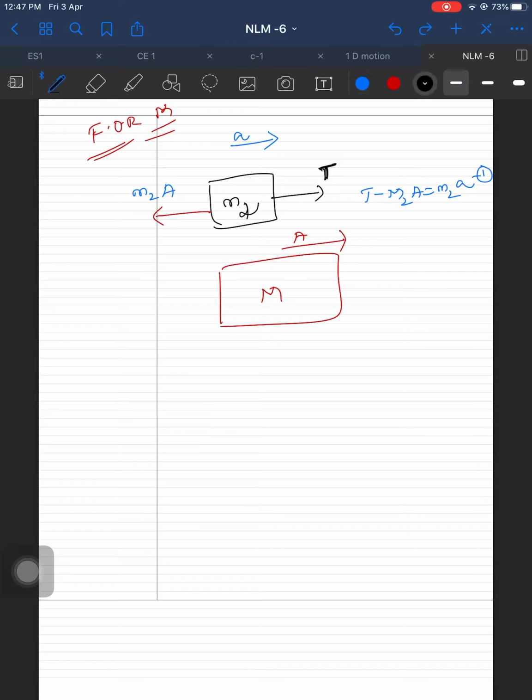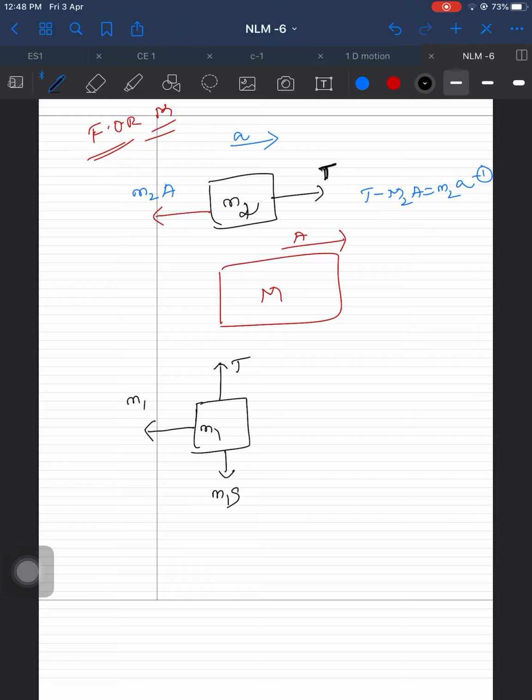Then see the other block M1. If you consider block M1, what are the forces acting on it? Upward force is tension T, downward force is M1g, and in this direction, what is the force acting?